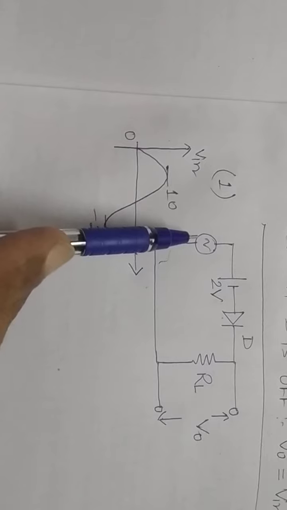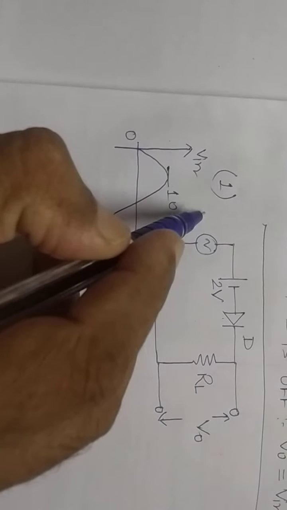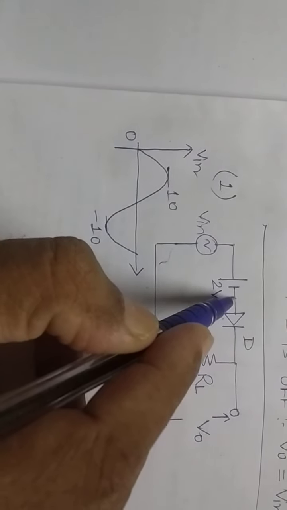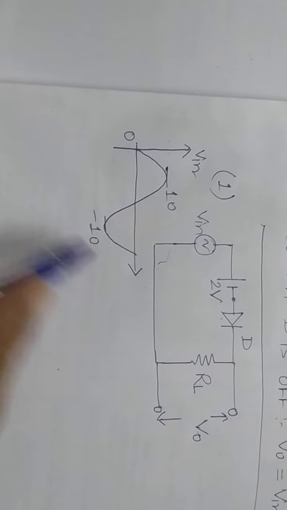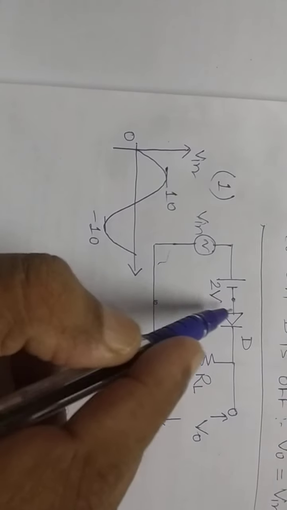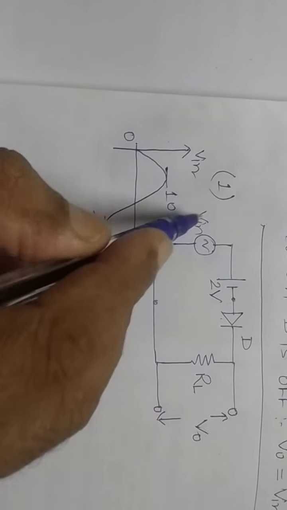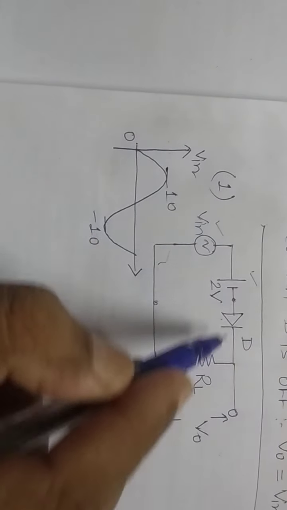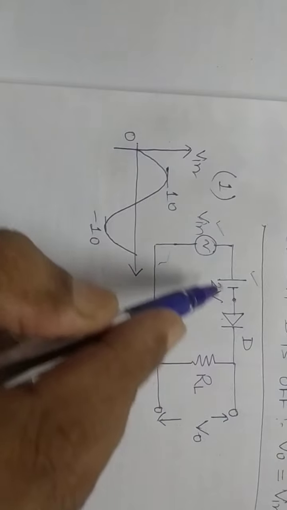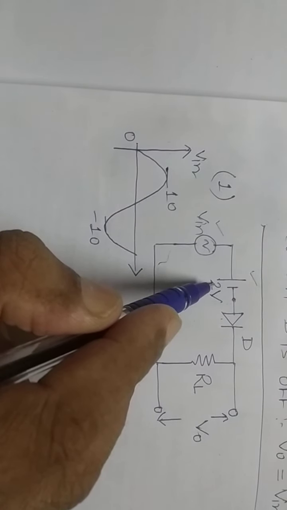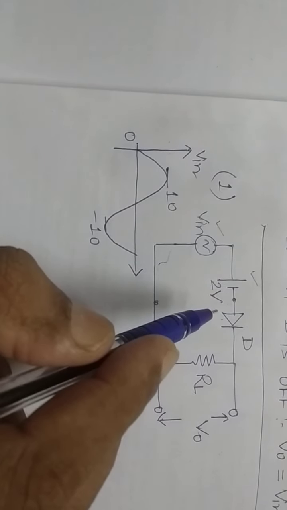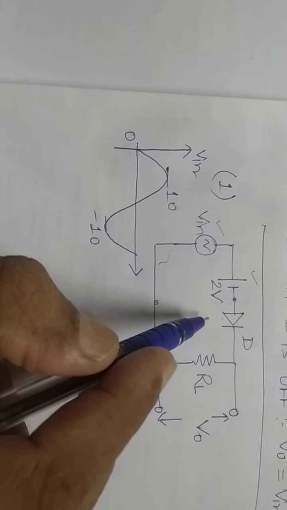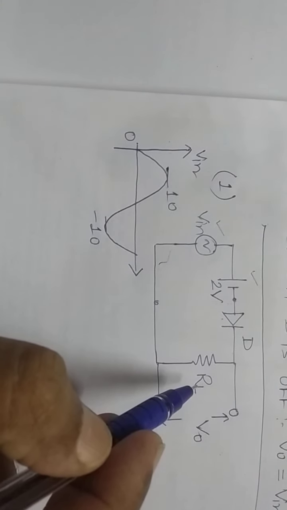Here the net input at the diode's anode is the resultant of this input voltage as well as this DC supply. So when the diode is on, output will be the resultant of these two voltages, and when diode is off, the output will be equal to 0.